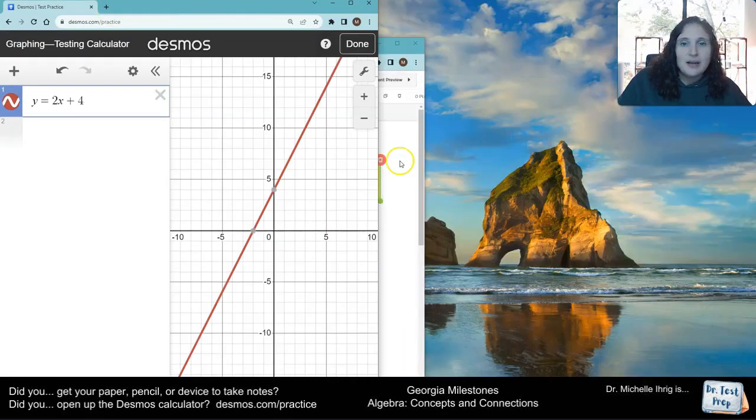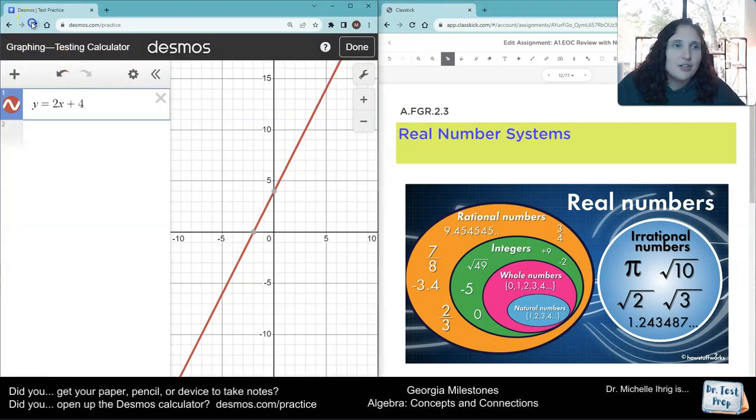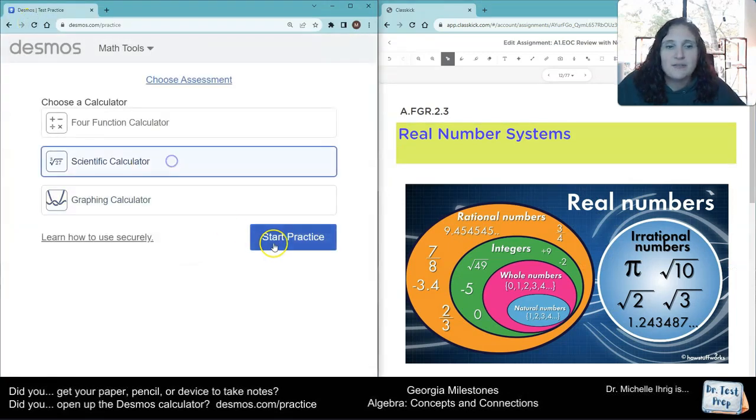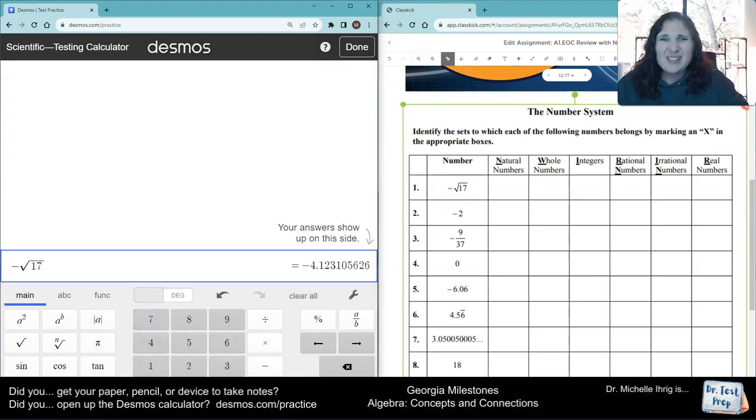The easiest way I think to do this is by using the scientific calculator. So I'm going to just refresh here and pull open the scientific calculator. Notice how this says negative square root of 17. So I'm going to do negative square root 17. Do you see how that's an ugly decimal? Negative 4.123105626, and it would keep going on and on.